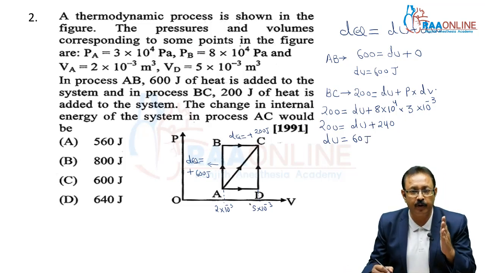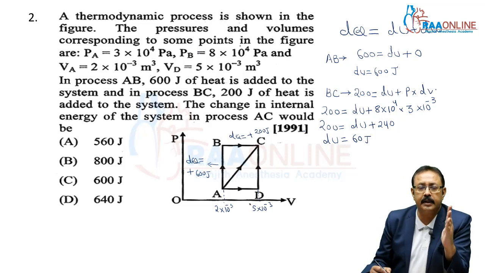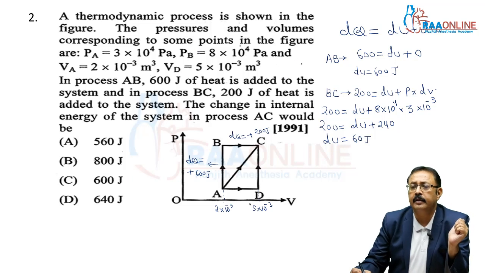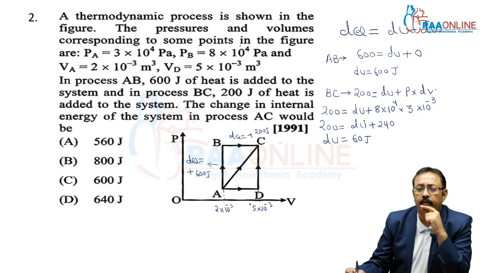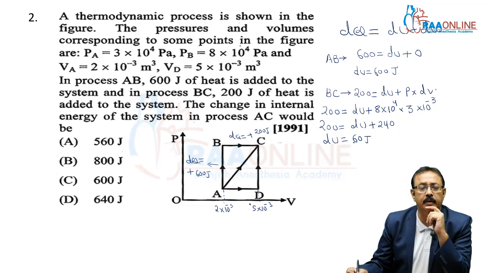When you are moving from A to B, internal energy is increasing by 600 joule. When we are moving from B to C, again internal energy is increasing by 60 joule.